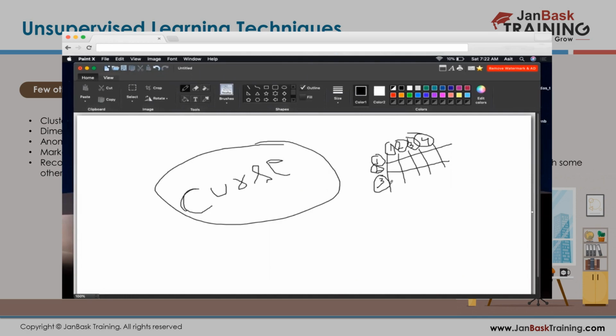What does the machine try to do? The machine tries to identify the pattern between this one and this one, this one and this one, like this, whatever permutation and combination is available. That means the machine finds the relation among columns, not among records.